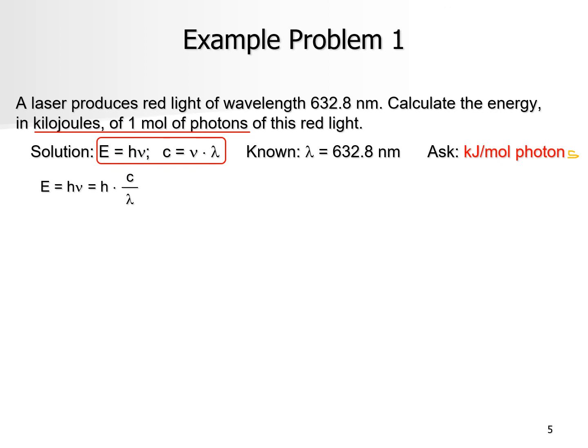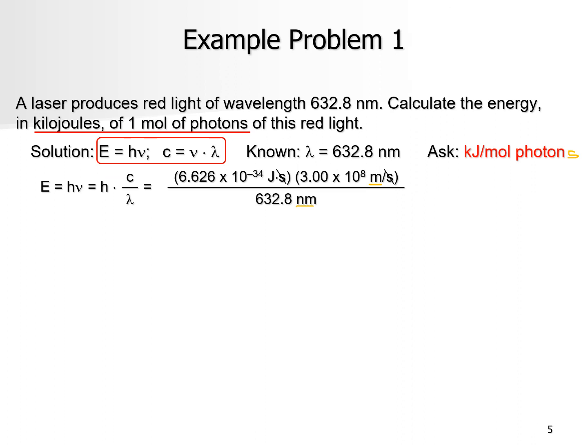We replace nu with C over lambda, and both C and h are constants. Lambda is known, 632.8 nanometers, so we put them at the bottom. We can cancel the second, because second times 1 over second cancel. But we cannot continue the calculation because we got meters and nanometers.